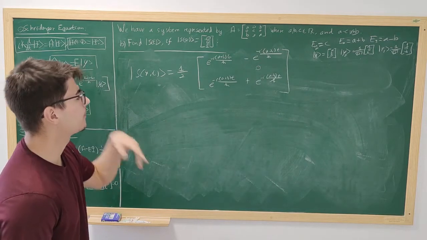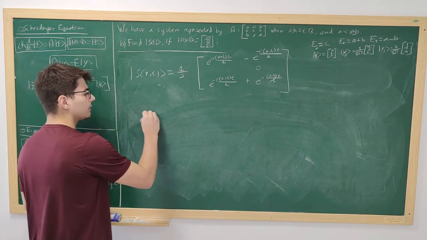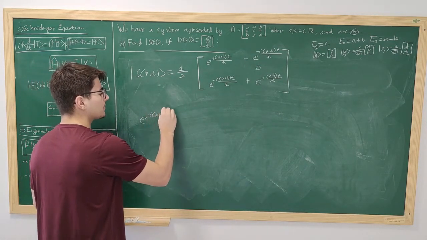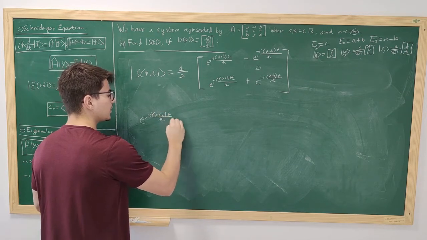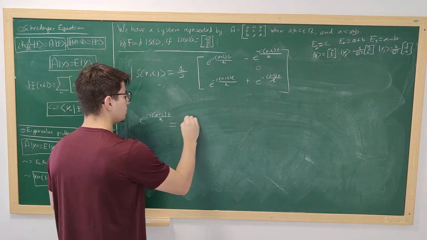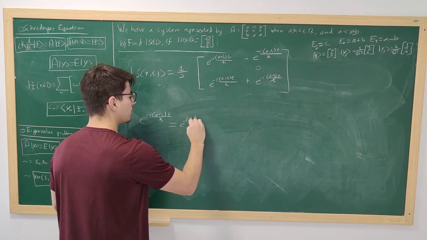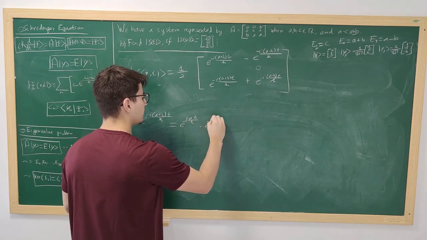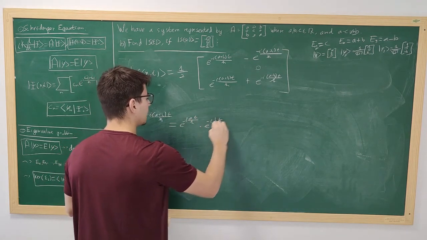So in both terms, e to the minus i, a plus b, t over h bar is just e to the minus i a t over h bar times e to the minus i b t over h bar.